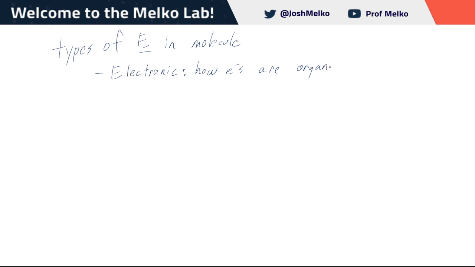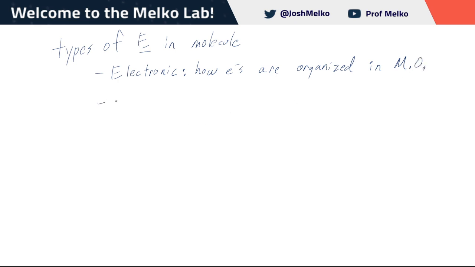And this primarily is what we've been talking about for the past 6 to 8 lectures. Solving the Schrödinger equation for a hydrogen atom or a many electron atom, or then molecules. Where are the electrons? What type of atomic orbitals are they in? SPDF. What kind of molecular orbitals are they in? Sigma, pi, bonding, antibonding, gerade, ungerade. How are those electrons organized? That's electronic. And if it's a molecule, then we're talking, of course, molecular orbitals.